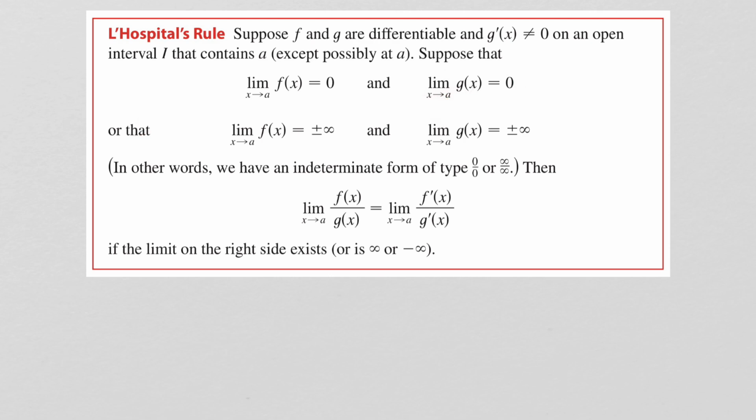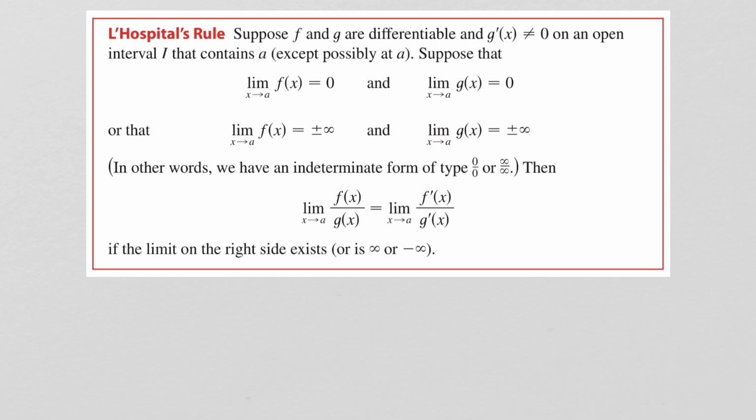Or suppose that the limit as x approaches a of f of x is positive or negative infinity, and the limit as x approaches a of g of x is positive or negative infinity. In other words, we have an indeterminate form of the type 0 divided by 0 or infinity divided by infinity.